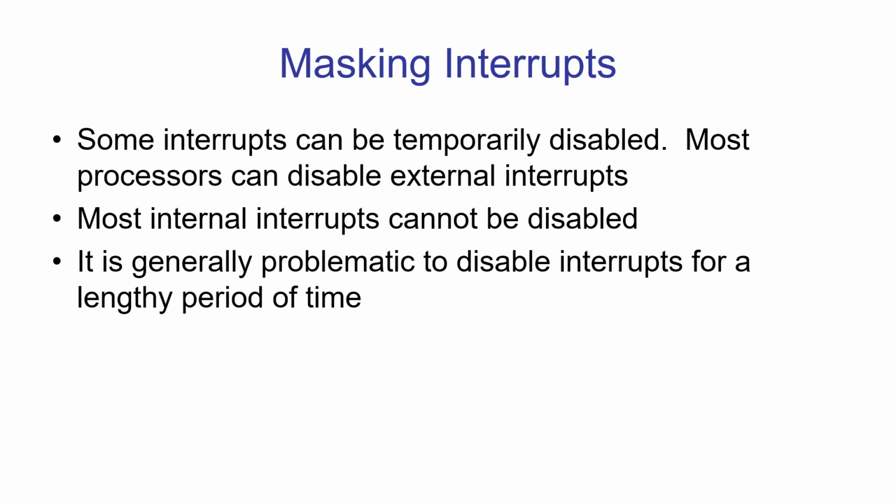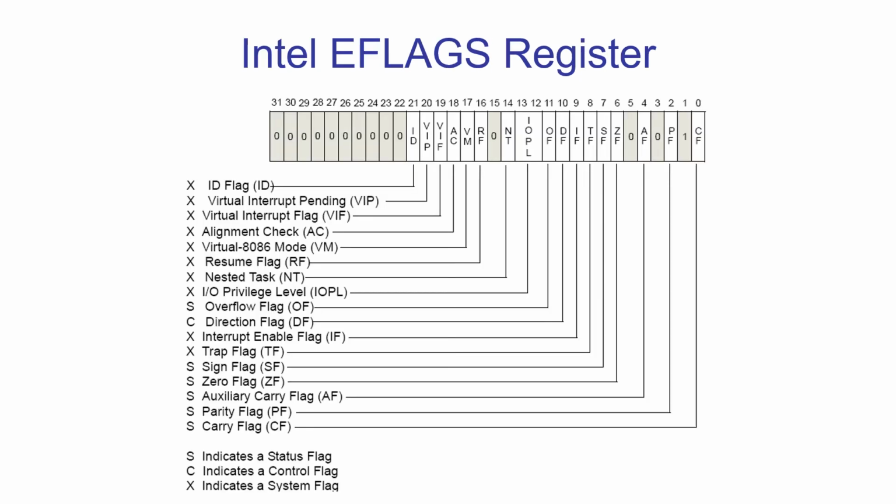The Intel processor has an interrupt enable flag, and if it's turned off, then interrupts will not occur until the interrupts are once again turned back on. You can generally disable external interrupts, but not internal interrupts. You don't want to disable interrupts for a long period of time because they may cause missed events. Here's our internal EFLAGS. You can see once again there's an interrupt enable flag.